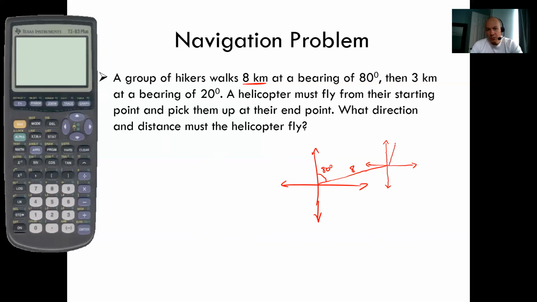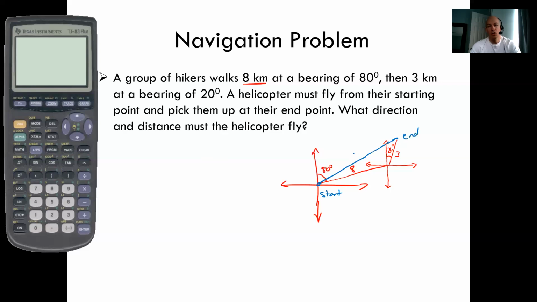So maybe something like that is going to give a length of 3, and right in there is a 20-degree angle. All right, and then I'm going to switch colors here to show that the helicopter is going to go from here to here. So this was the start, and this was the end.